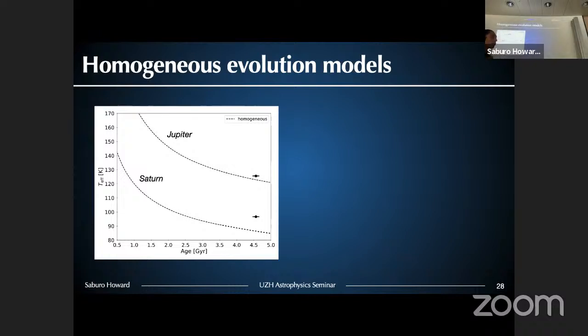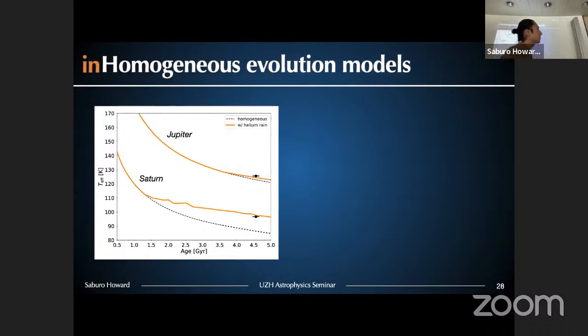So I already told you about this helium rain, where you can deplete the upper region of the planet and enrich the inner region of the planet, and this can be an additional source of energy and can delay the cooling of the planet. And this is what you see here with those orange curves, which are now called inhomogeneous evolution models because the composition changes with time.